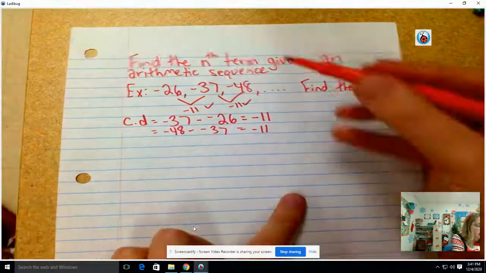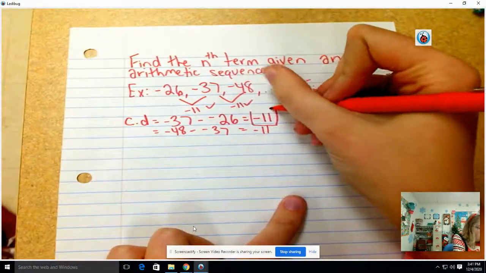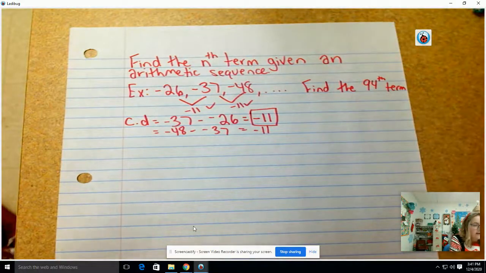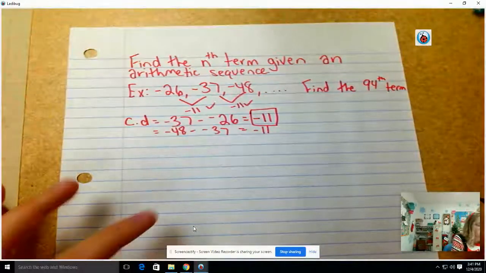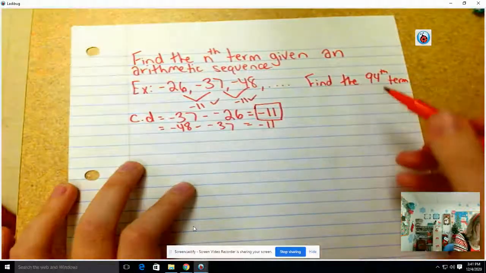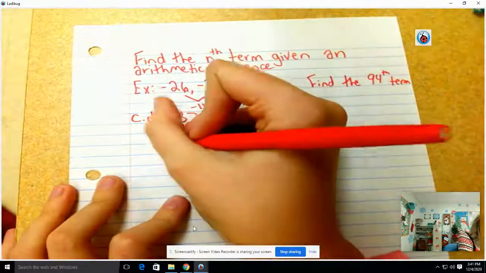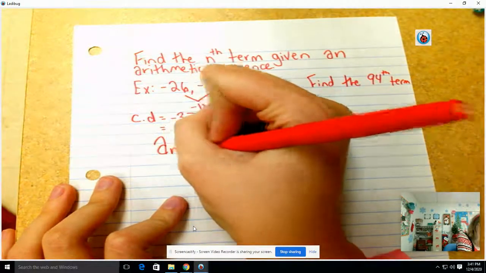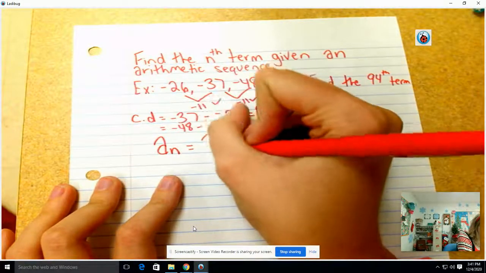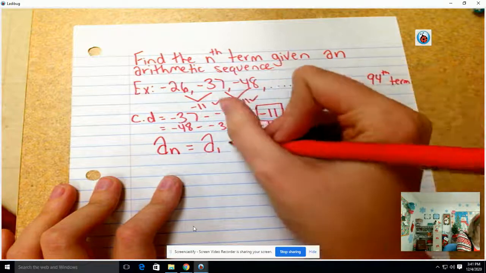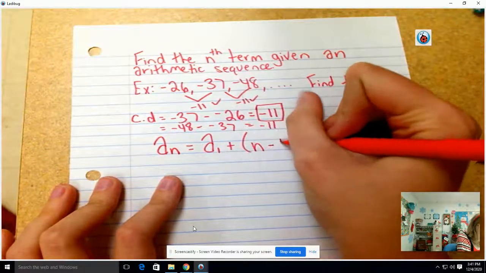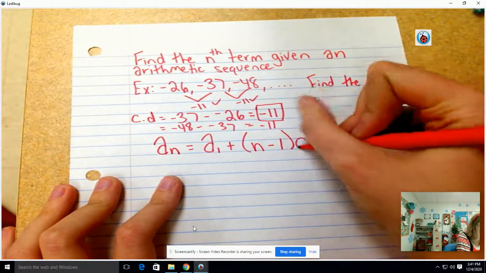So once I have my common difference of negative 11, I am then ready to use my formula for arithmetic sequences. For arithmetic sequences, our formula for finding missing terms is a sub n equals a sub 1 plus n minus 1 times d.